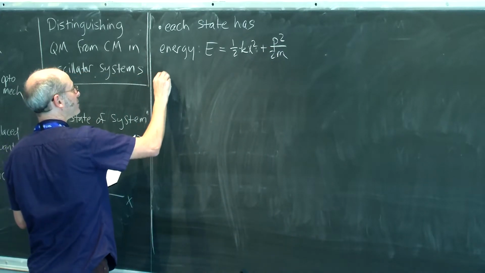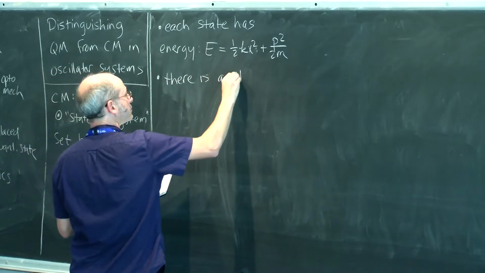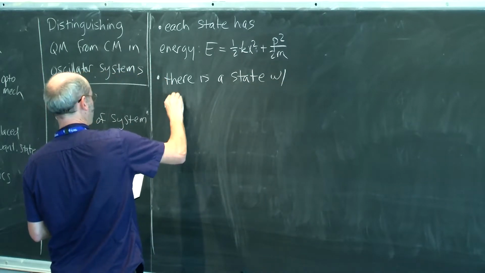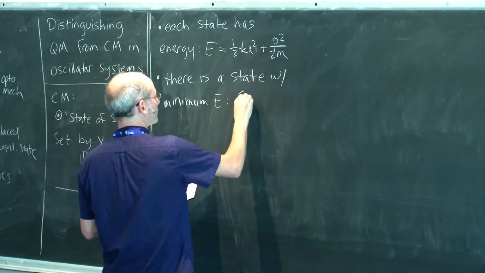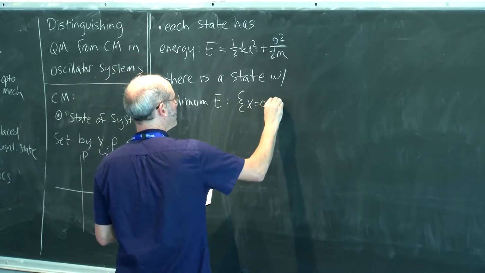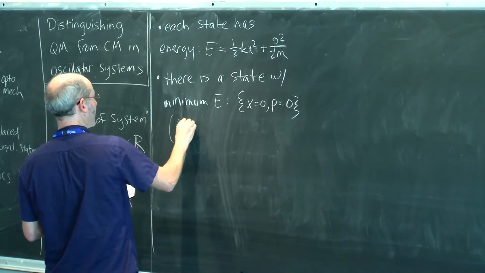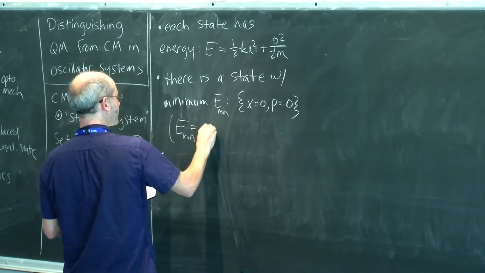There is a state with the lowest energy: it's the state with x equals 0 and p equals 0. And obviously, it has energy equal to 0.